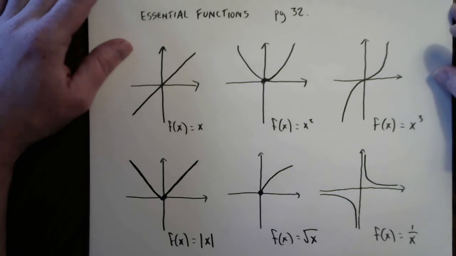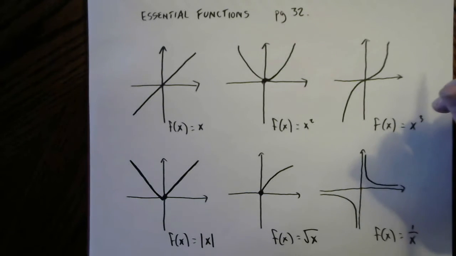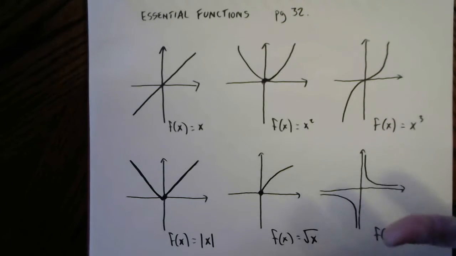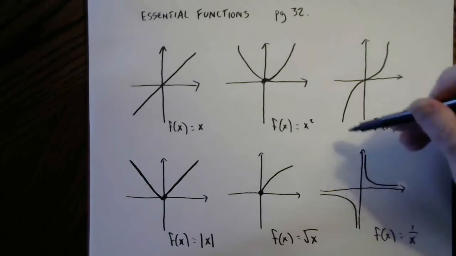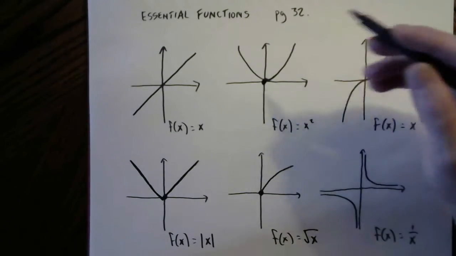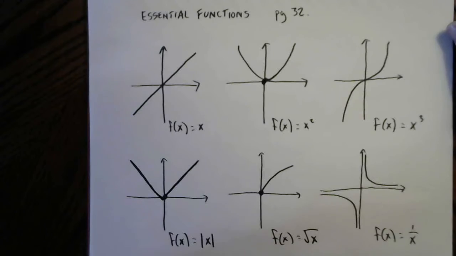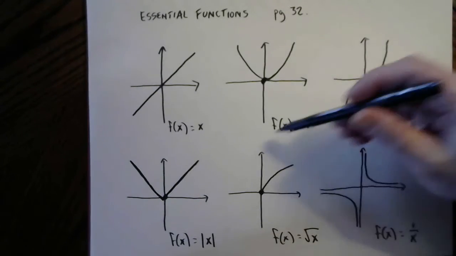The reason I'm doing this is that what I'm going to ask of you in regards to this section is that you know the 9 graphs just like that. You see one of these functions, and this shape pops into your brain. That is critical information. You might say, how many times am I going to see just x squared?